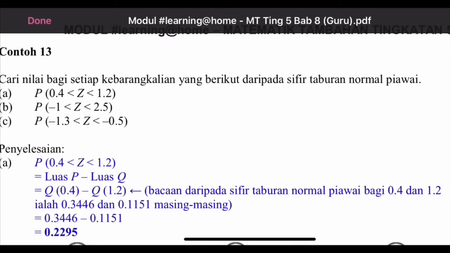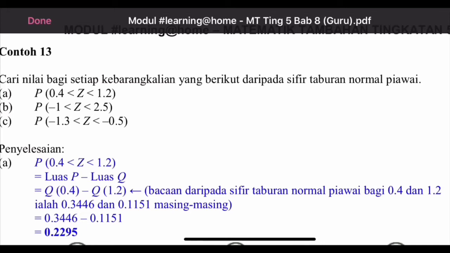The maximum happens at 0. When z equals 0, the probability is highest. So in this case, we take the z-score 0.4 that you read from the buku Sheffield, minus the z-score 1.2. Then you find the difference between them.